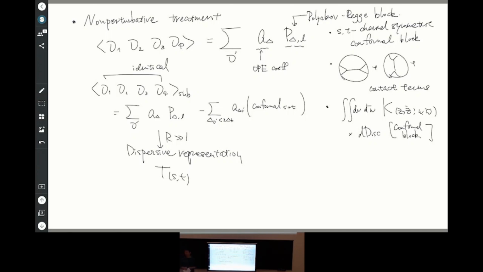Since we are at it, I just want to understand what you think about this Polyakov-Regge block expansion. For the usual conformal block expansion, even that expansion doesn't converge everywhere, right? In the Euclidean, it converges in a certain domain, and nobody would claim that it converges outside of that domain.